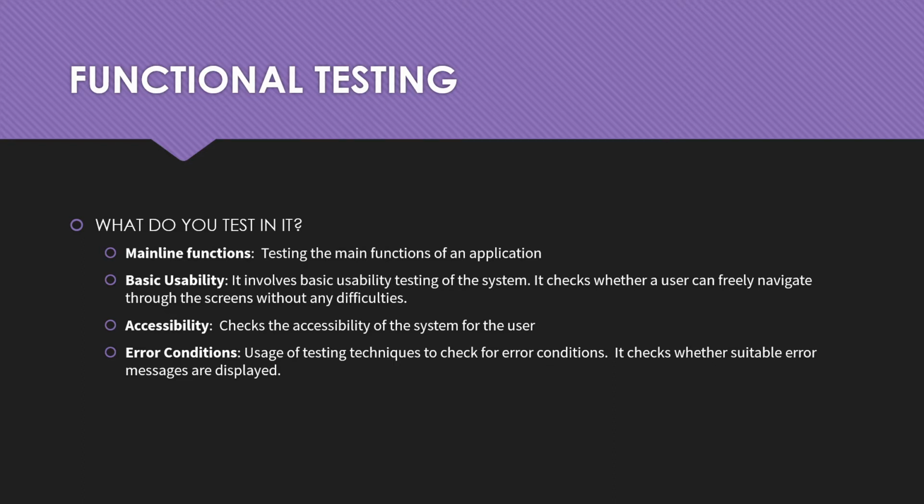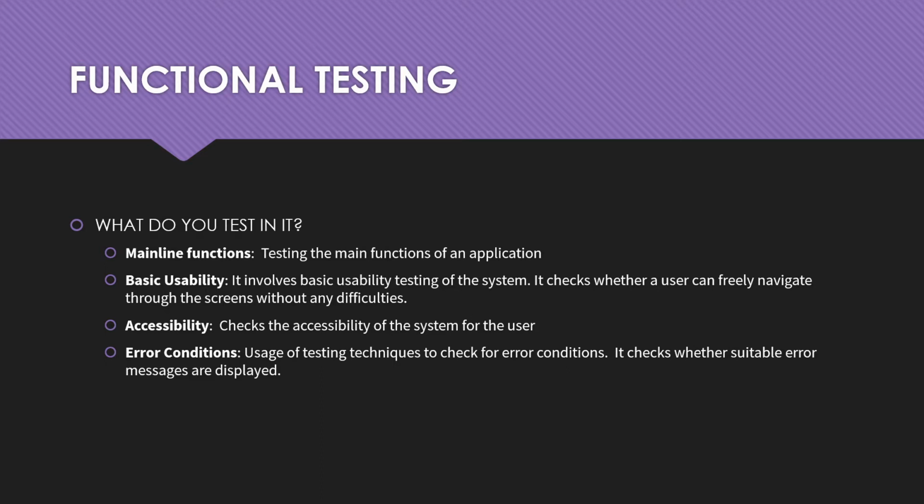And then the basic usability. Basic usability is the basic usability testing of the system. It checks that the user can freely navigate through the screen without any difficulty. So it's like the user interface and user experience. So we as testers check the navigability of this application. And then accessibility is to check the accessibility of the system for the user.